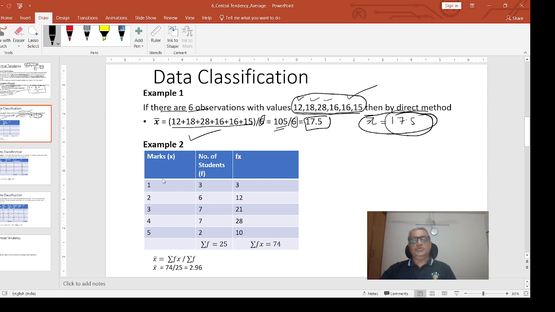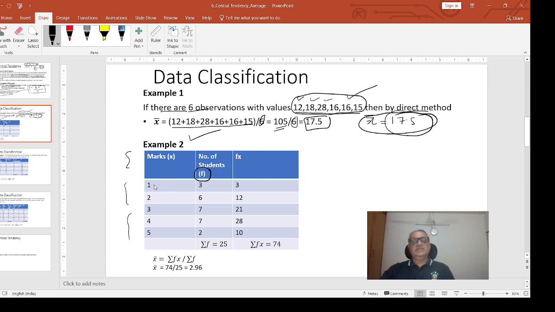Example 2. In this example, we have a frequency distribution f. Let's understand the data first. I am given a table like this, which has a frequency distribution, and I am asked to find the average number of marks scored by a student.